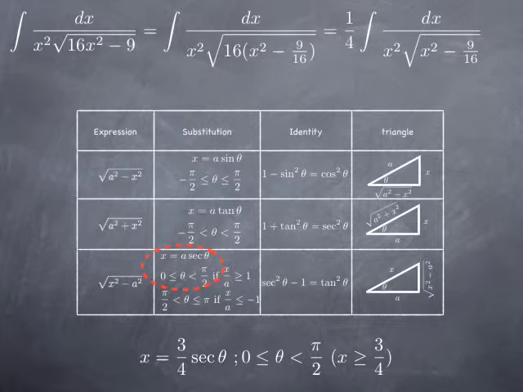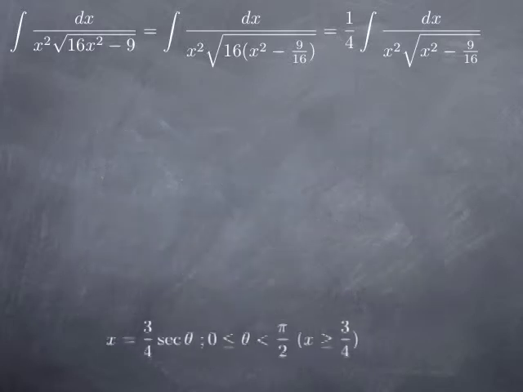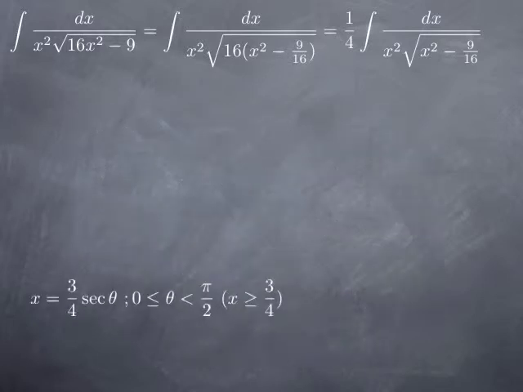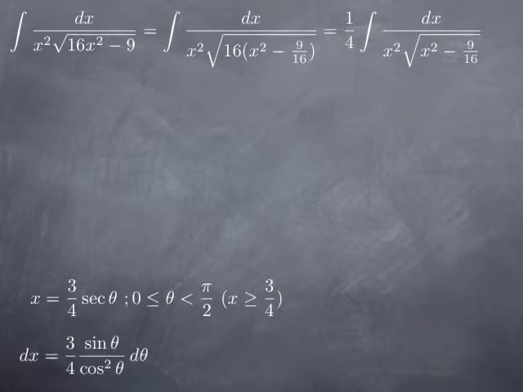So we're going to look for an antiderivative of the function 1 over x squared root of 16x squared minus 9 on the interval 3/4 to infinity. Now, if x is 3/4 of secant theta, then dx is 3/4 of the derivative of secant. Secant is 1 over cosine, so the derivative is negative the derivative of cosine, which is positive sine, divided by cosine squared.